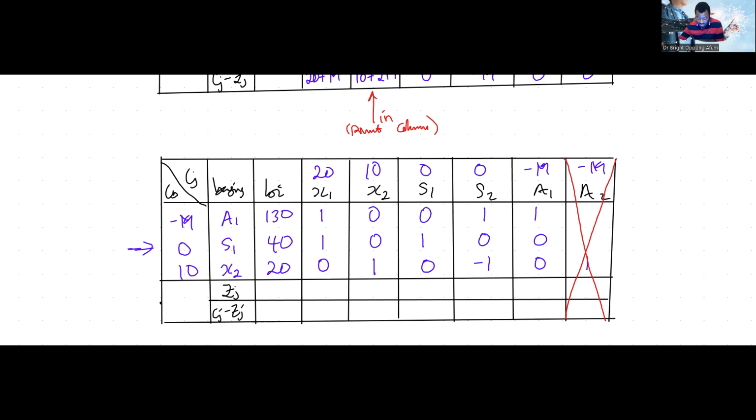So it works this way. When you now complete the Zj row, you have 200 minus 130M. Negative M is here, 10, 0, 0, 0.